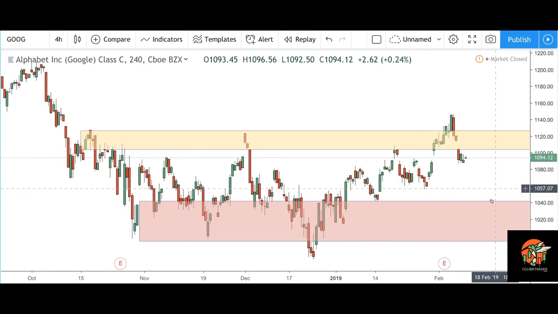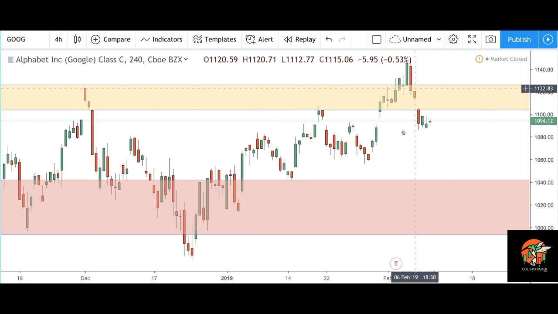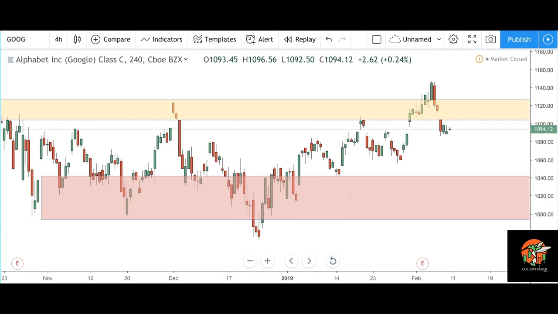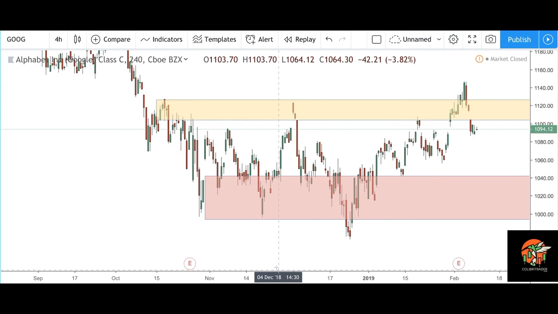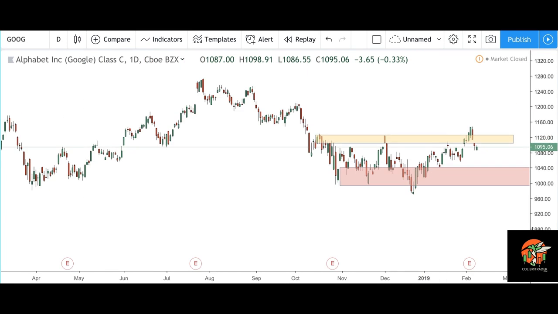If I go down to the 4-hour chart, you're going to see sort of a bearish engulfing candlestick, and most likely what I would like to see is another confirmation, as we've seen here, to actually short this stock. And if I was trading this share, I would be monitoring it on a 4-hour basis, and try to find a moment in which it's going to form a bearish continuation candlestick. So back to the daily chart.